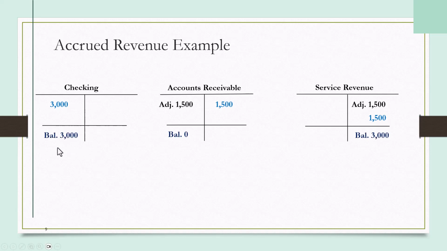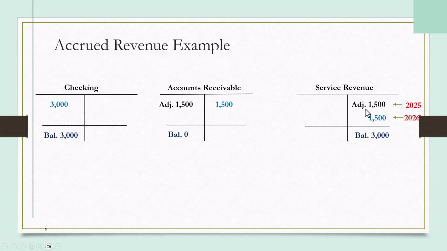So if you were to get the balances in 2026 after these transactions were completed, checking has a balance of $3,000 to reflect the business having $3,000 from this job. Accounts receivable has been zeroed out to represent the fact that the customer has paid their balance, paid for the job, and $3,000 total in service revenue to show that the company earned this much revenue.